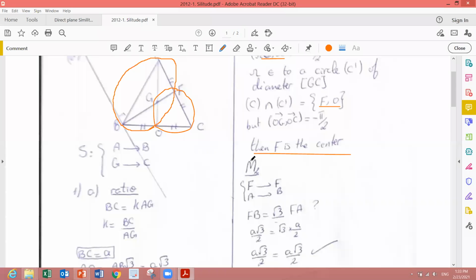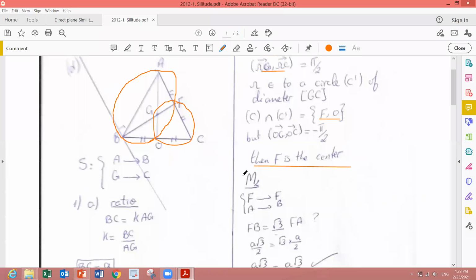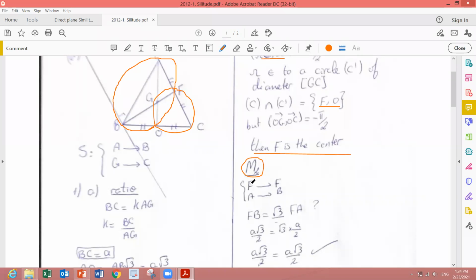Method 2. Did you understand method 1? Method 2, I can say S of F, A onto B. For this to be correct, FB must equal radical 3 times FA. FB equals K times FA, where K is radical 3.